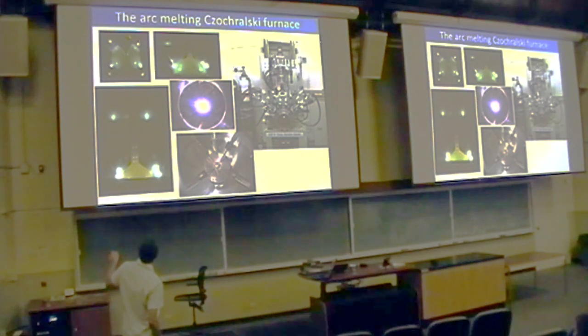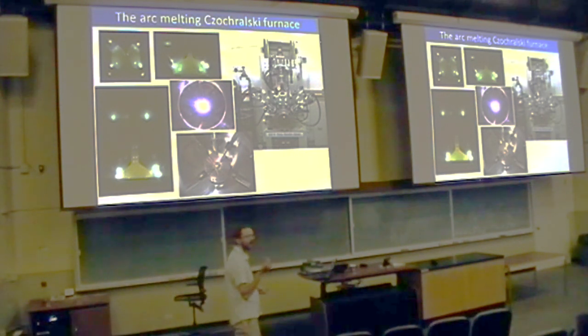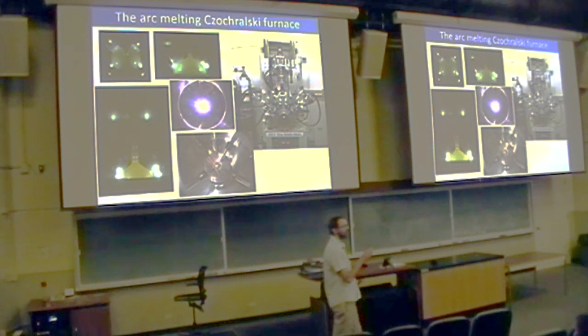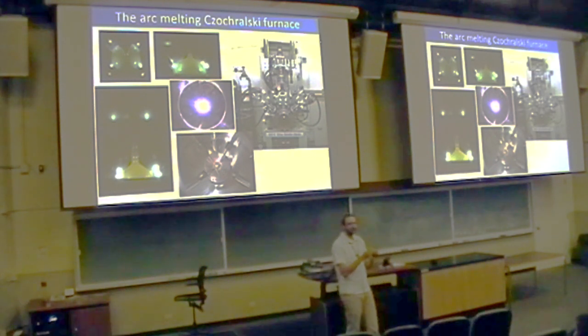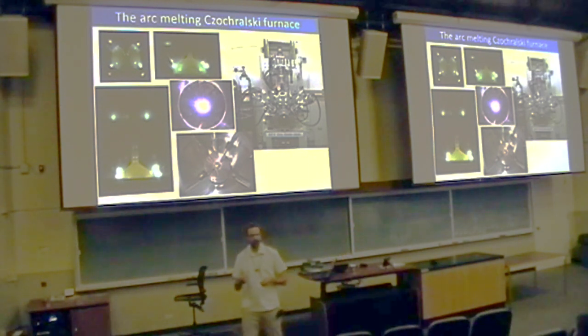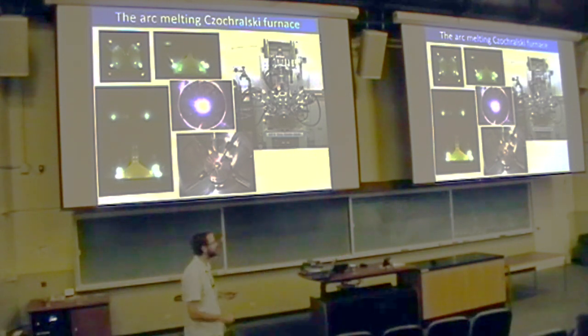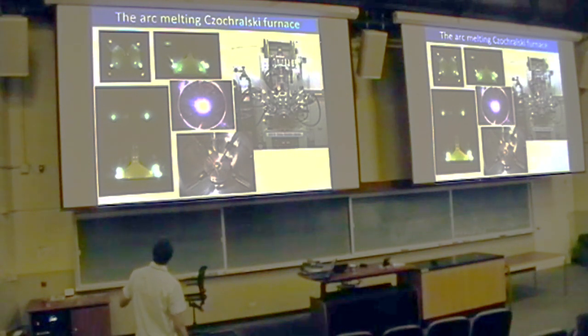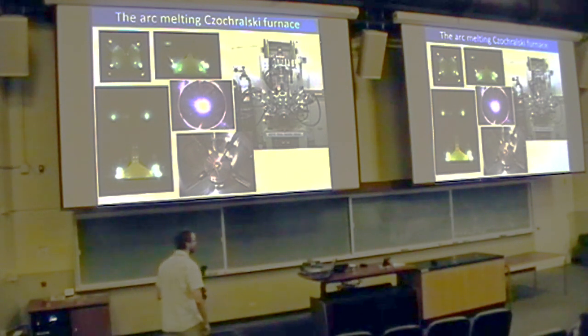And out of those 4 arcs, we're going to create an arc discharge in argon gas that is going to create an argon plasma, and this plasma is going to heat and melt your elements. Okay? So you're going to melt the material by this argon plasma, and then in the middle, you're going to approach with a tip that you're going to pull vertically, and you're going to start to grow a crystal that you can see here out of this ball of molten liquid metal.